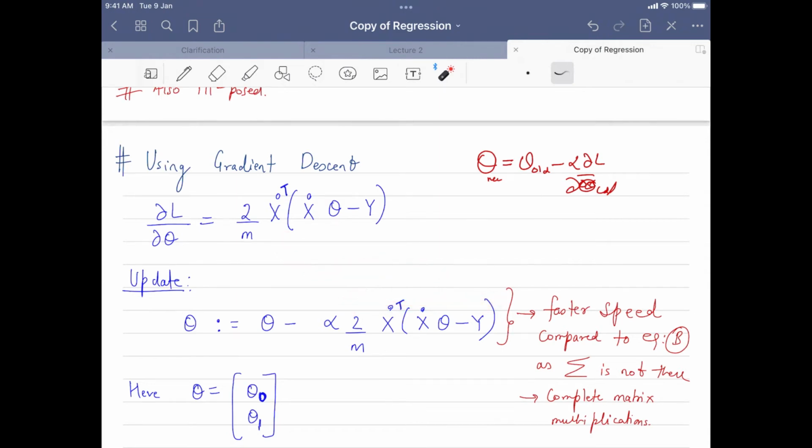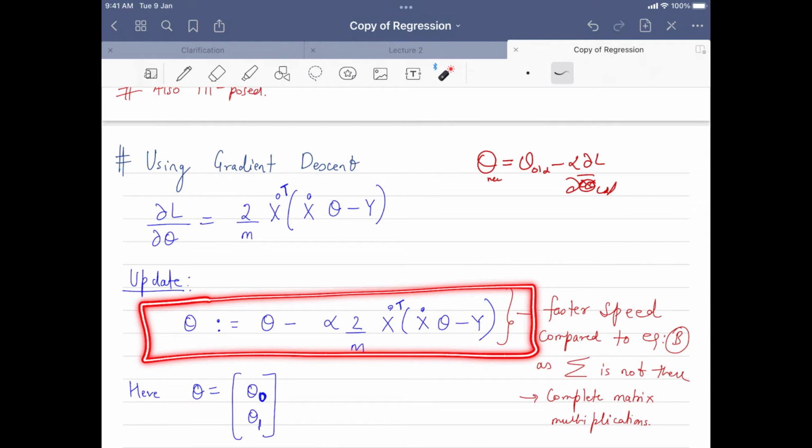Note that all these theta parameters are now matrix representations, and they will be updated simultaneously. It's not that I will be updating theta 0 first, then theta 1, then theta 2, then theta 3, not like that. This is a complete matrix implementation.